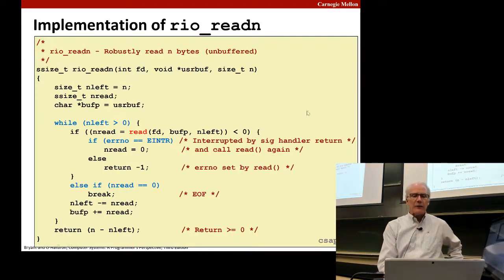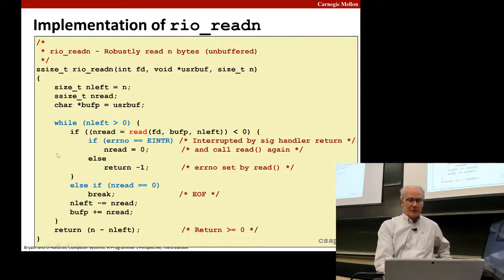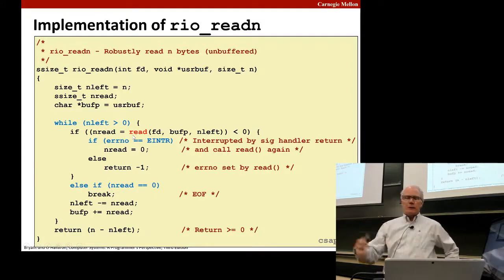So it's worthwhile actually looking at the code for this, and I'll just skim over a little bit of it to show what it's like. But for example, this is read-n. The main point of it is it has a loop around the regular Unix read operation. And what it's doing is, in general, it's going to keep reading until it's got as many characters as it's been asked to read.